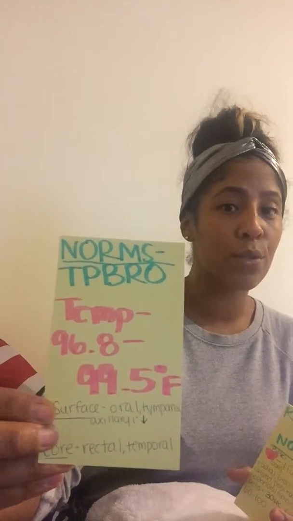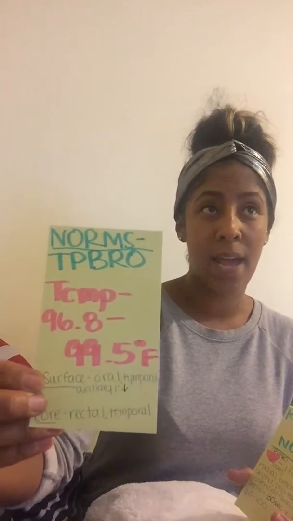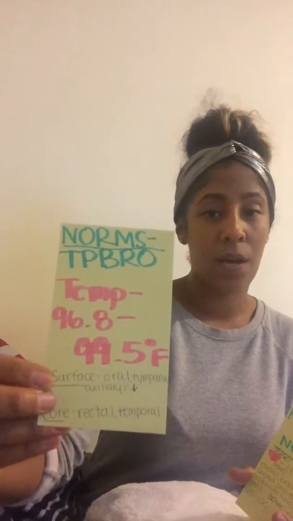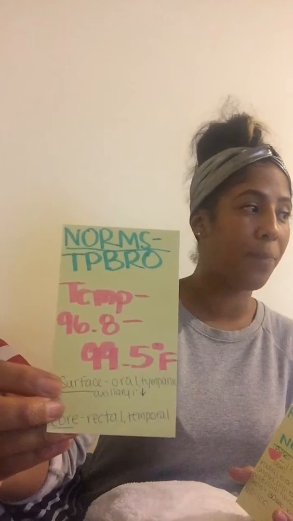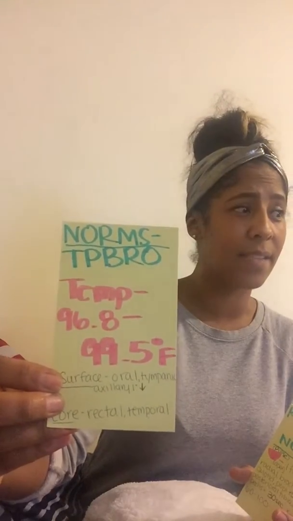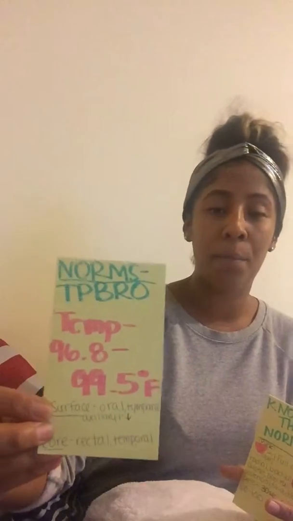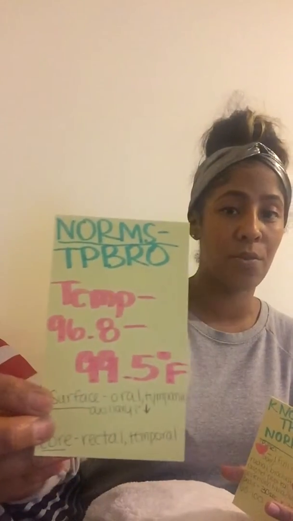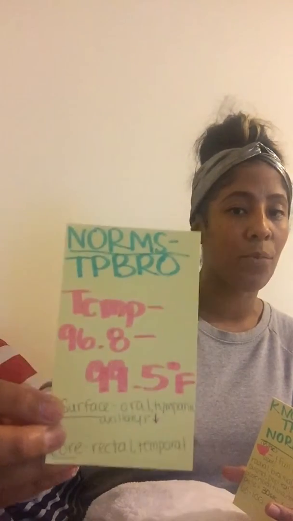Some things that can alter temperature could be if the patient had a hot or cold beverage, or if you know that the patient has some type of illness. But again, these are your normals. These are the boundaries that you want to have your patient in line with.